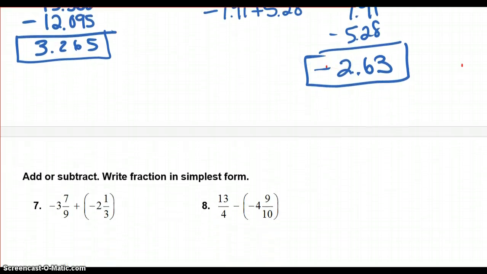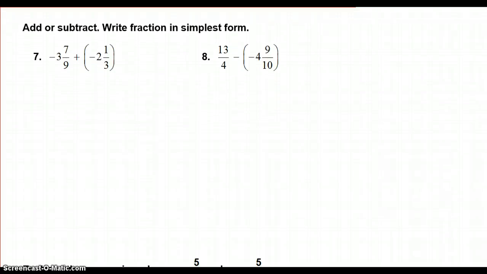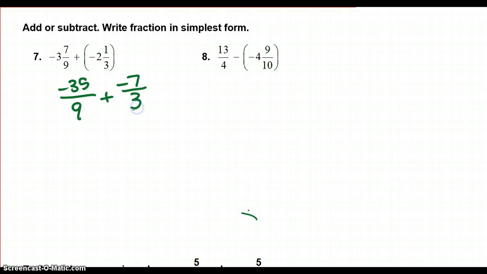Number 7, add and subtract fractions. I need to write my answer in simplest form. Remember, with adding and subtracting fractions, you need a common denominator. So this is going to be negative 35 over 9 plus negative 7 over 3.